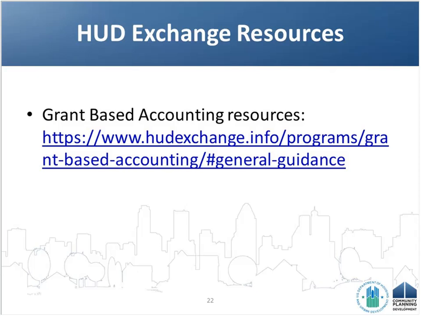Okay, I see some people asked, how can we make sure that we are under the 20% expenditure cap? The easiest and best way is probably in IDIS, there's a function called the subfund function.